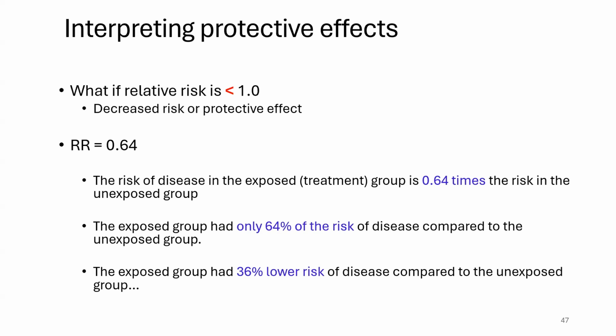You could instead say that the exposed group had only 64% of the risk, because again, you're taking the difference between 1 and the relative risk. Or you could instead subtract that from 1 to get 36%. So the exposed group has 36% lower risk of disease compared to the unexposed group.